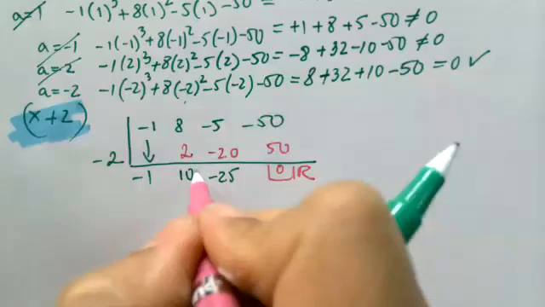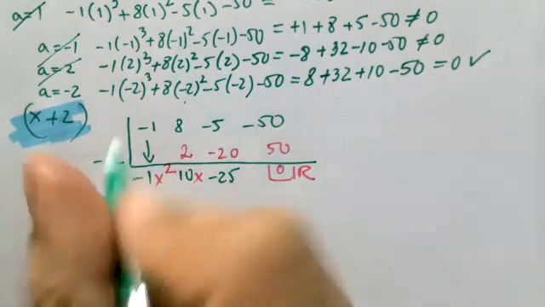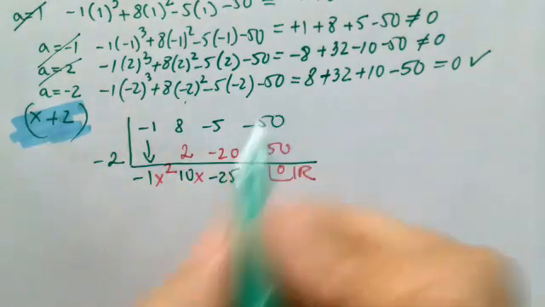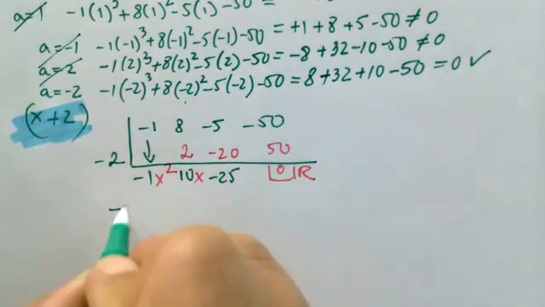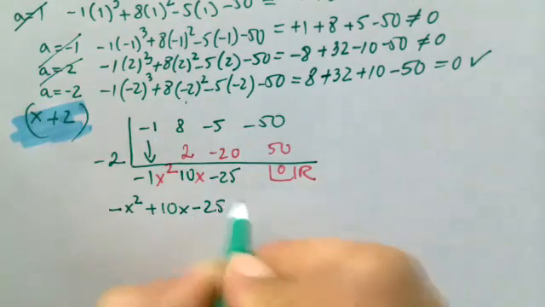No x, x squared. This is a quadratic, so we're going to use quadratic methods of factoring. We have negative x squared plus 10x minus 25.